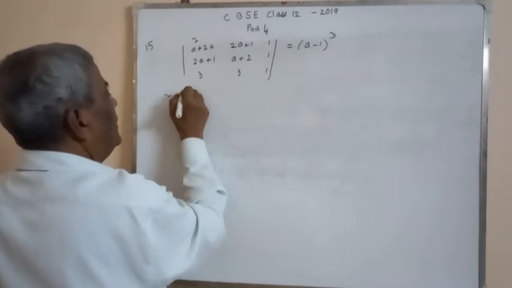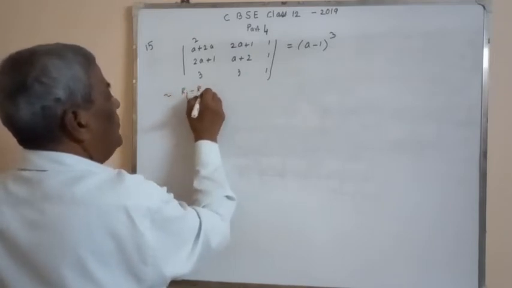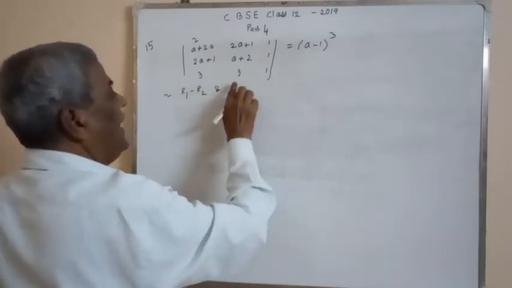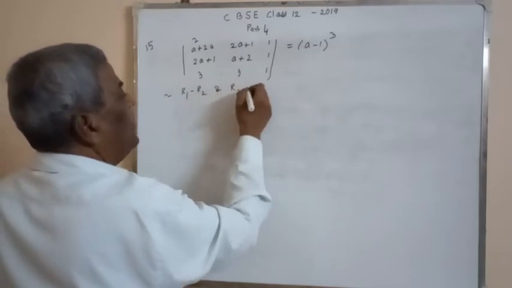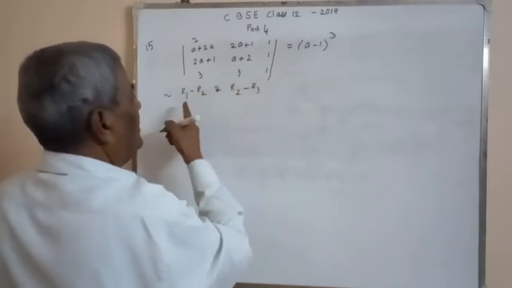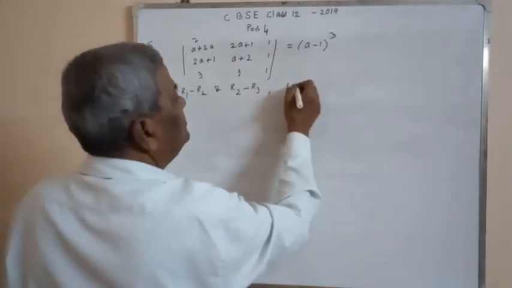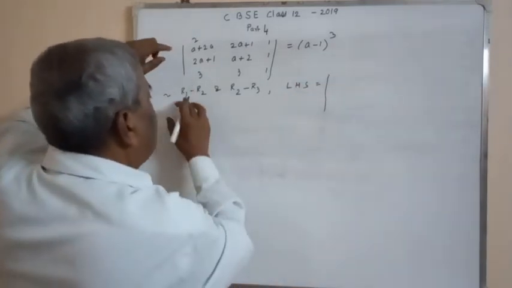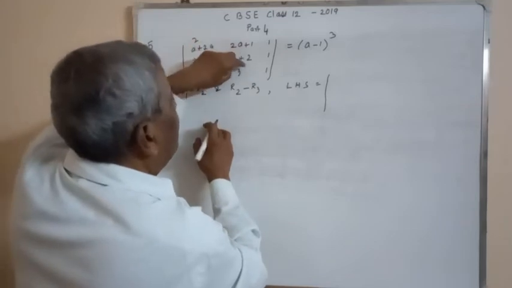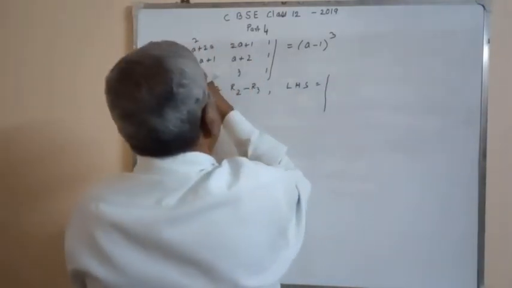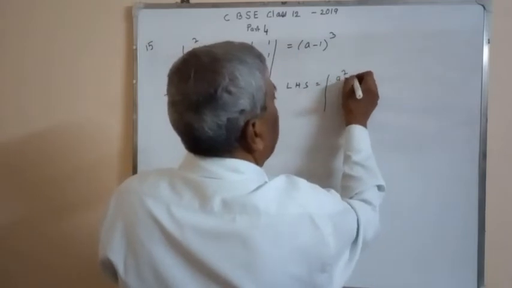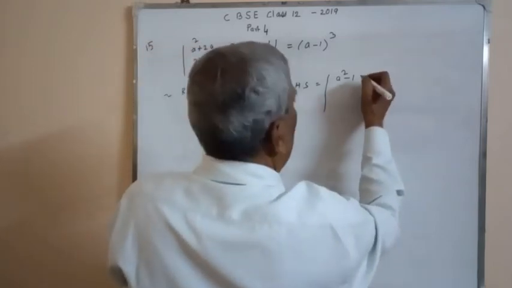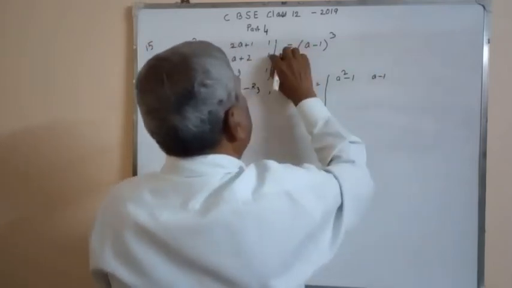Operating R1 minus R2 and R2 minus R3, the left hand side is equal to, first R1 minus R2, this minus that: a square minus 1, a minus 1, and 0.